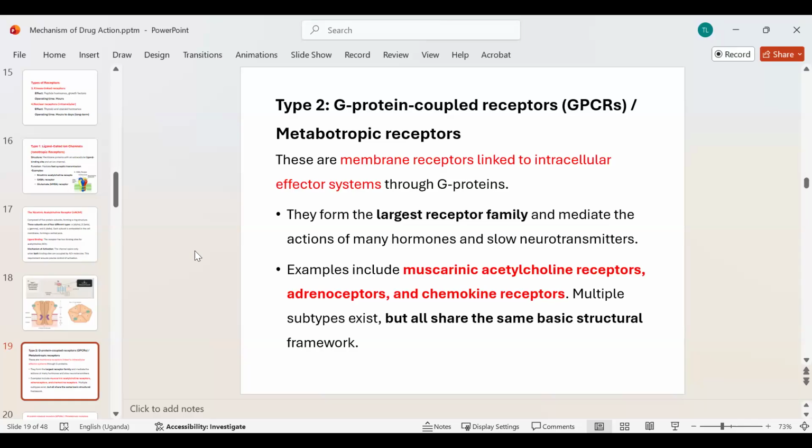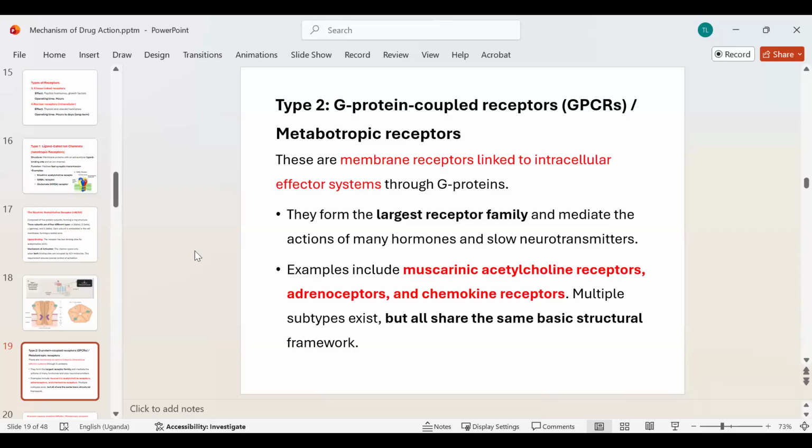Let me hope this is clear. They form the largest receptor subfamily, which means quite a number of drugs interact with these G protein coupled receptors.